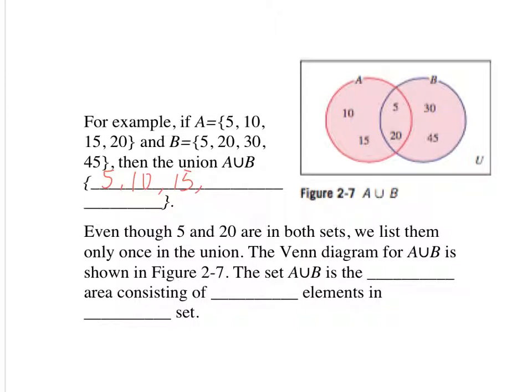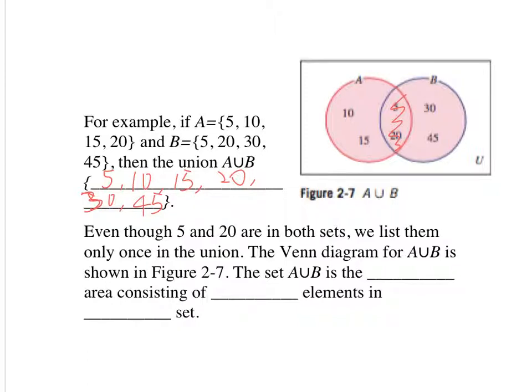I list them out from the minimum to the maximum, but you don't have to. 30, oops, that's a 3, and 45. That's 30, 45. I think I got everybody, right? Also notice that 5 and 20 are in both sets, but we only list them once. If you want to repeat them, that's totally permitted, but if you list them once, it's in there already.